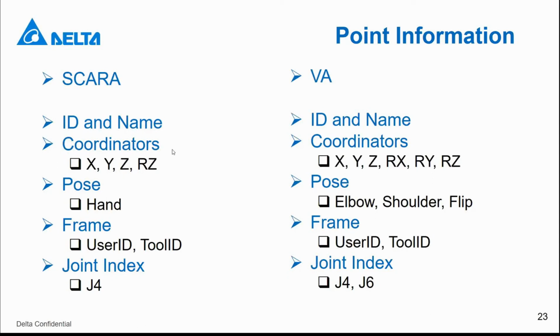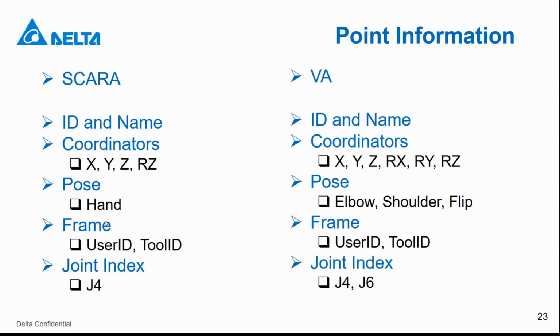For the coordinates, we only store X, Y, Z, and RZ, because SCARA only has 4 degrees of freedom. And also pose, because besides the coordinate position, the pose of the robot itself also needs to be stored. That means the arm can be on the right-hand side or left-hand side. We need to record it, so we also have hand information.